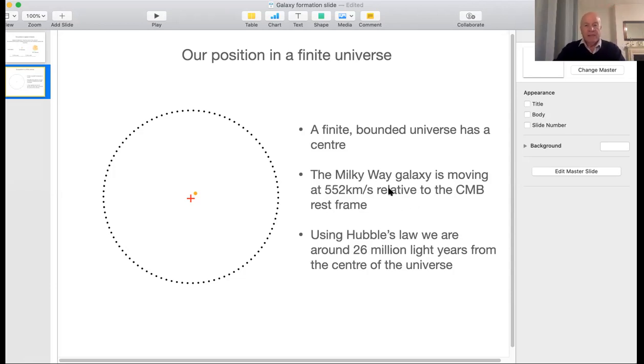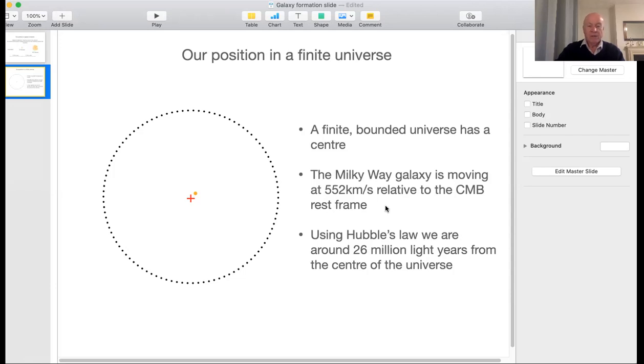So then it occurred to me that it might be useful to look at galaxy positions from the frame of reference of the center of the universe. So what I did was I took the positions of the relevant galaxies, and remember we had latitude and longitude and distance. Well, you can convert that into Cartesian coordinates so that you've got X, Y, and Z for each galaxy.